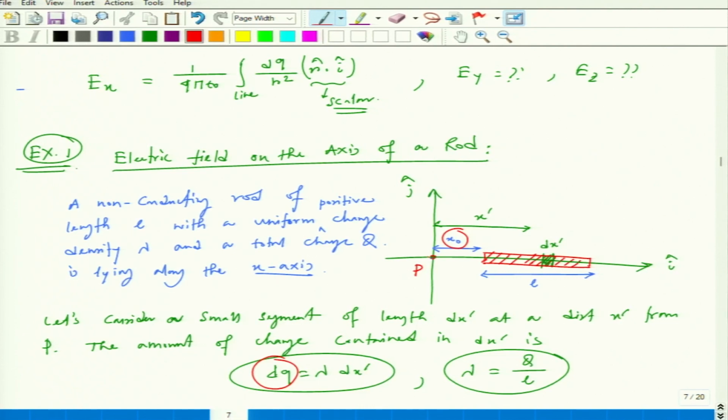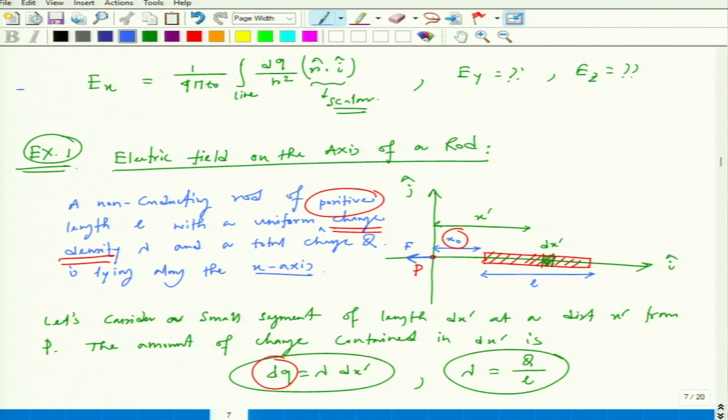First we understand the direction of the electric field at point P. Since we consider a positive charge density, the electric field at P is directed outwards, so that means the negative x axis.